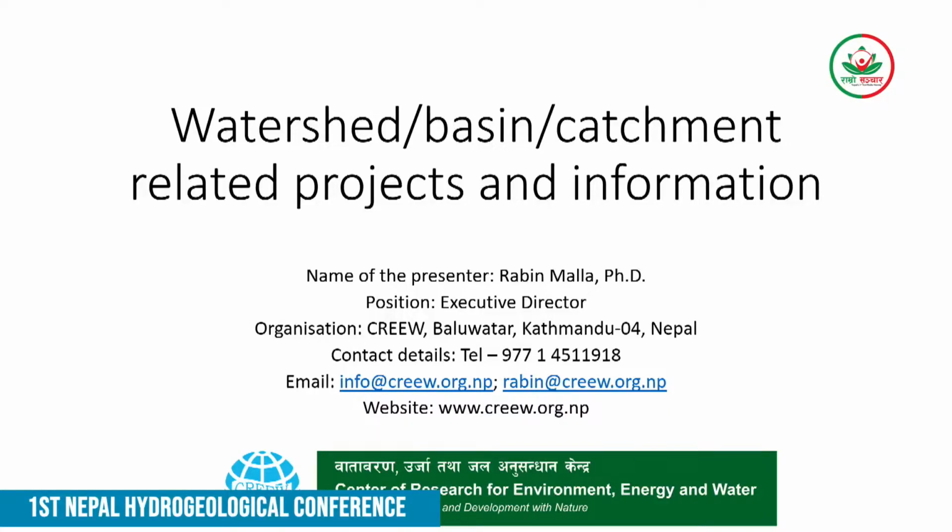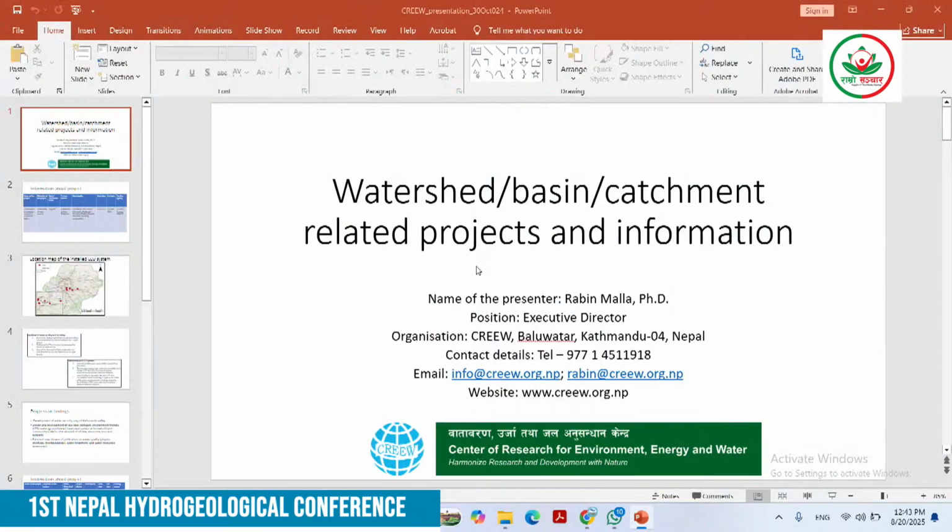Namaste. So I'm Robin Malla. I represent Center of Research for Environment, Energy and Water. This work has been carried out by my other two colleagues also, Sharad Pathak and Lalit Pathak too.